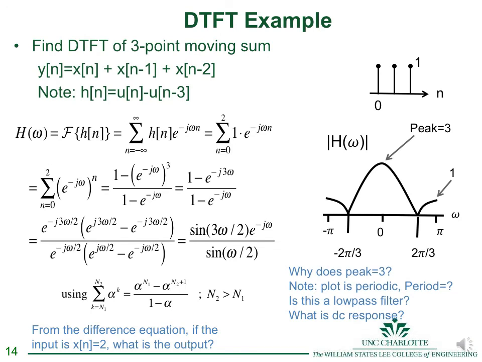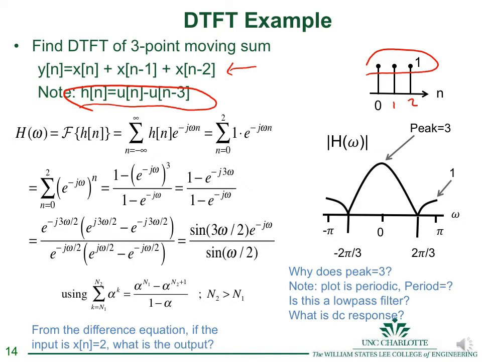This particular signal is a sequence of 3 ones at n equals 0, 1, and 2. It is also the impulse response of a system described by this difference equation. And it's the impulse response of a 3-point moving sum, the sum of today's stock price, yesterday, and a day before.